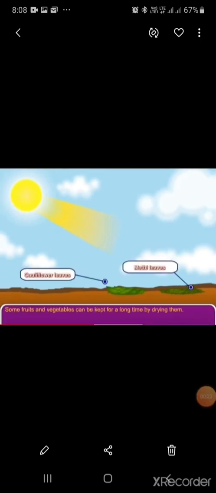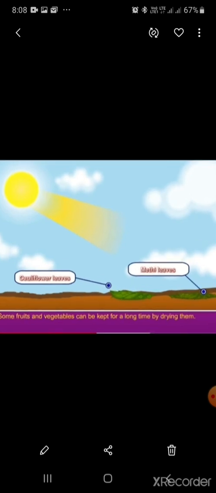Some fruits and vegetables can be kept for a long time by drying them. Food spoiling bacteria do not grow well in dry conditions, so many vegetables like spinach, methi leaves, cauliflowers, and ginger can be preserved in our homes just by drying them in the sun.